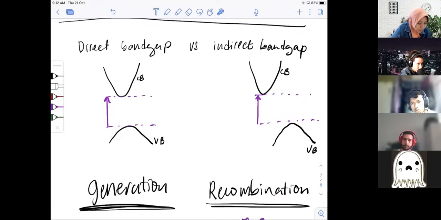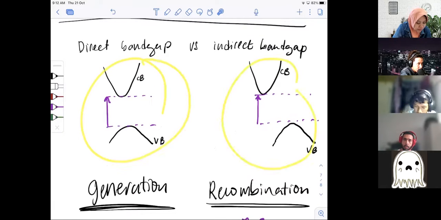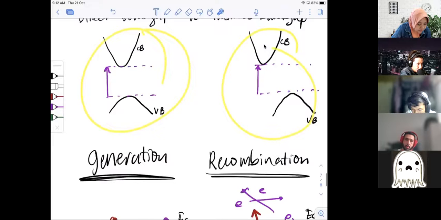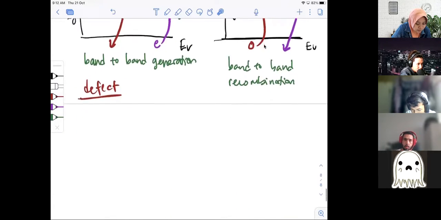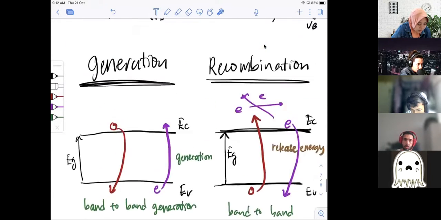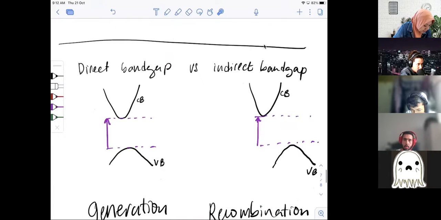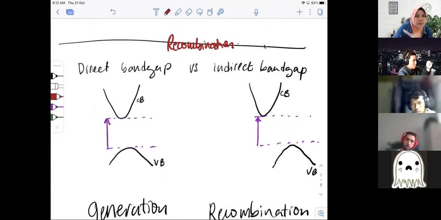Now, how does that relate to direct and indirect band gap? Now we talk about recombination in direct and indirect band gap material.